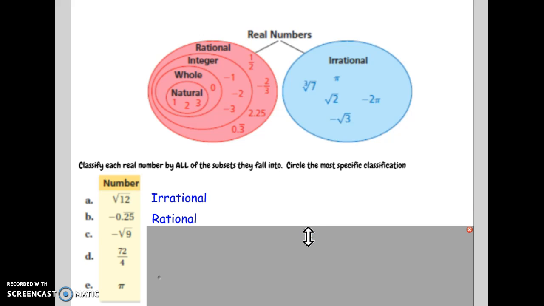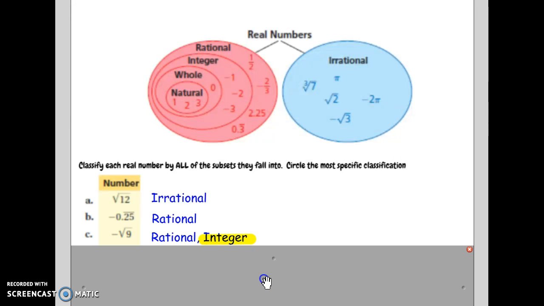Then I have the negative square root of 9. Since the negative is on the outside of the square root, I know that that's okay. It's a negative 3. So since it's a negative 3, it actually is a rational number and an integer. The most specific is going to be the integer. All right, next number is 72 divided by 4. Well, if I take 72 divided by 4, that's going to give me 18.